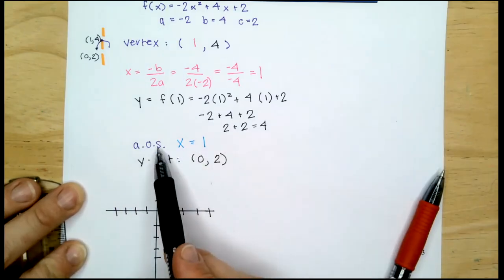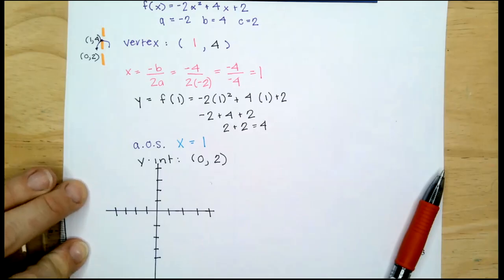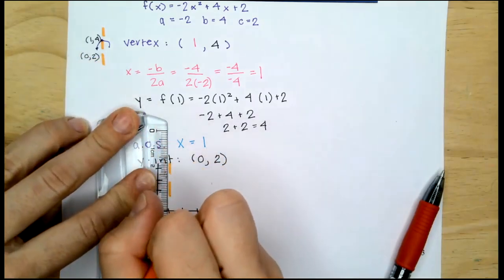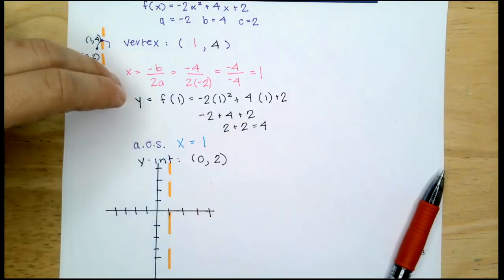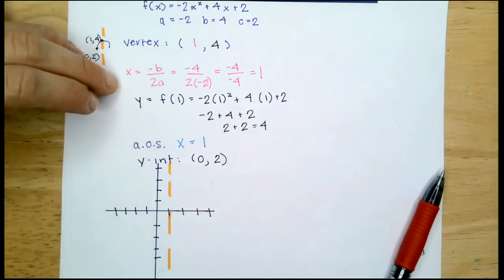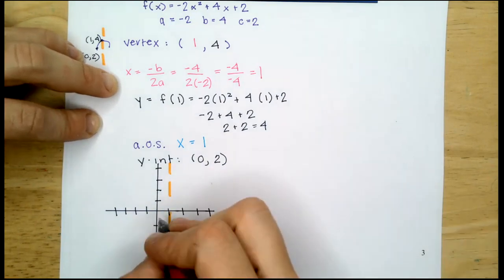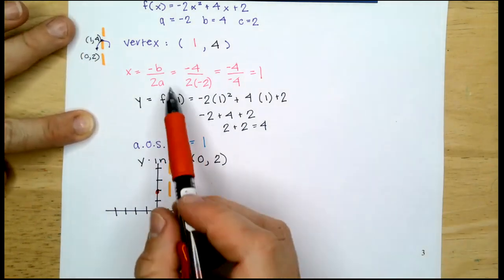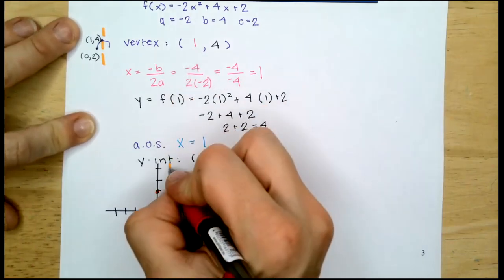Good. All right. Axis of symmetry was at x equals 1. So there's my axis of symmetry. My y-intercept is at 0, 2. And my vertex is at 1, 4.